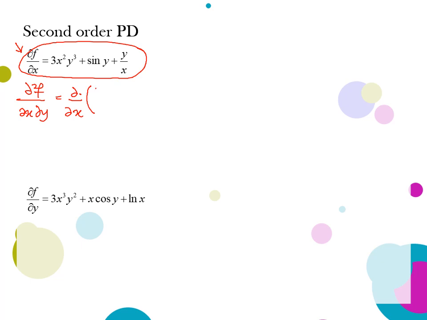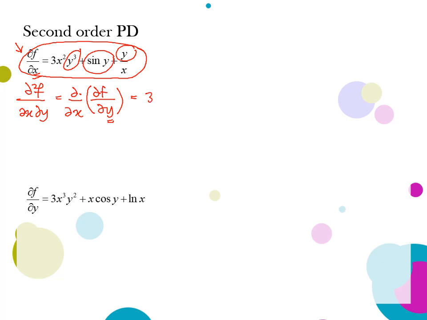Then we differentiate the second time, now with respect to y. If for the first one we concentrate on variable x, now for the second time, from this function, we concentrate on y. So we will differentiate the y.